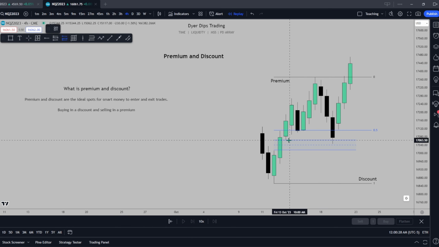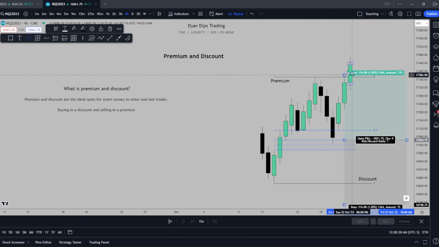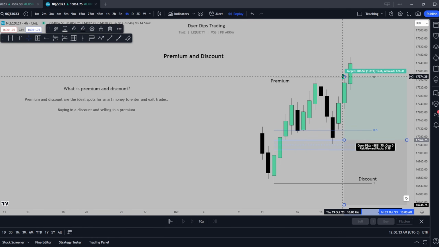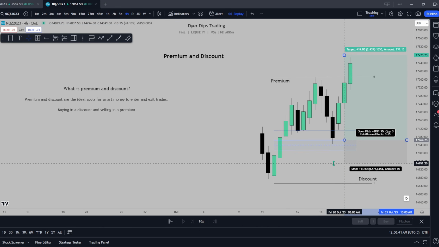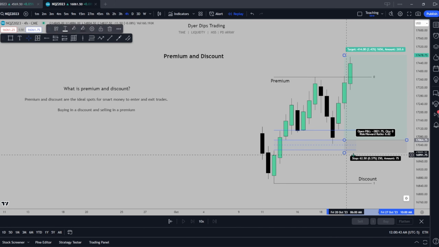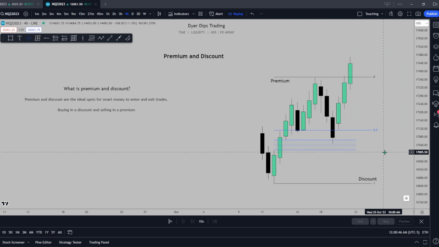So what you could be doing is looking to take a long position in that fair value gap, targeting the highs, and then ultimately a higher time frame PD array, point of interest, or liquidity pool above. You're going to have your stops maybe below this low, below the fair value gap candle, or even just below the fair value gap here, and you can get some pretty good risk to reward trades if you find the right PD arrays in the correct trends.